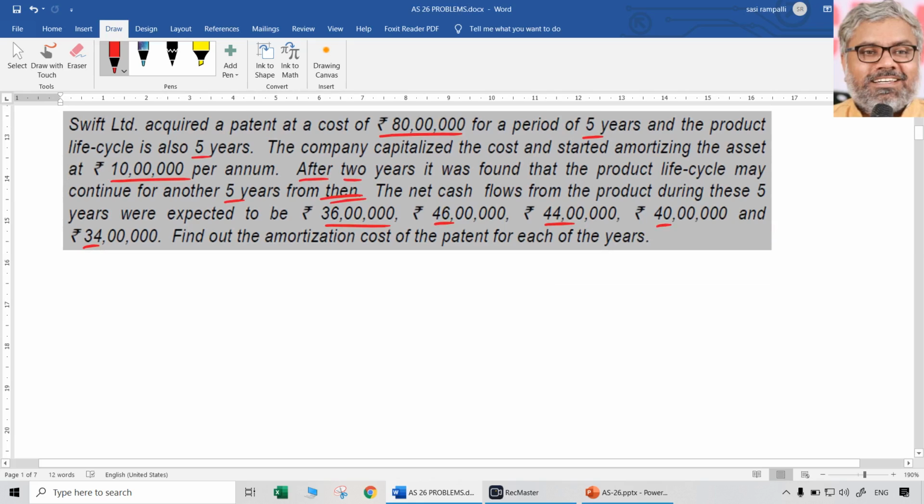So this is a question that can be expected very well in the examination. Let us take first year 1 and year 2. Year 1, naturally they already amortized 10 lakhs, which we are not going to change. So 10 lakhs, 10 lakhs means 20 lakhs already got amortized.